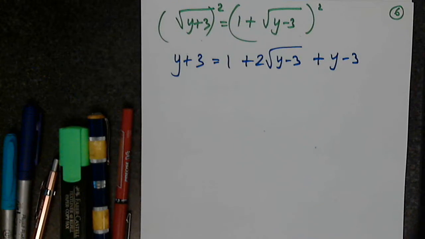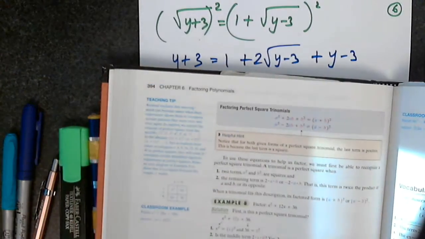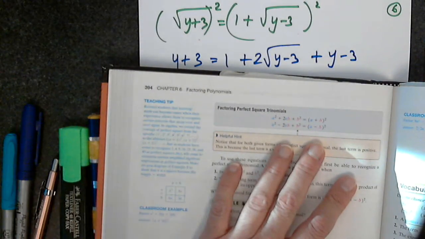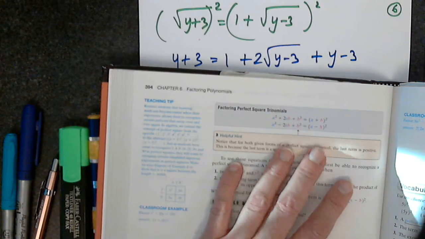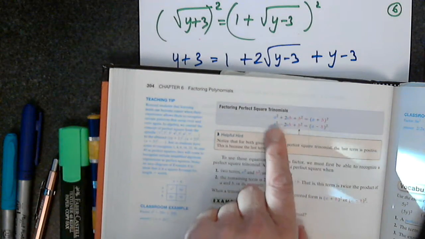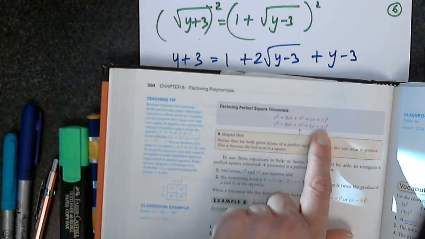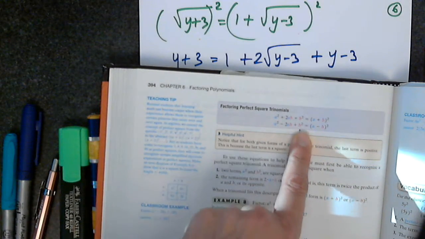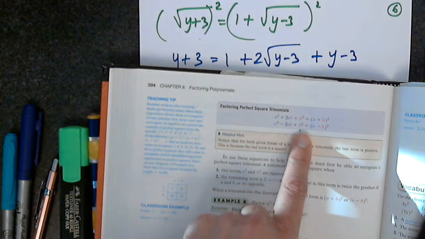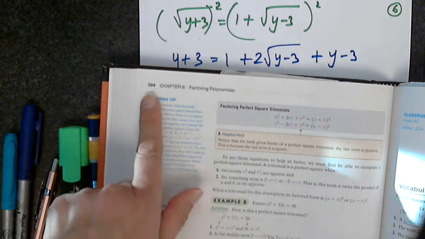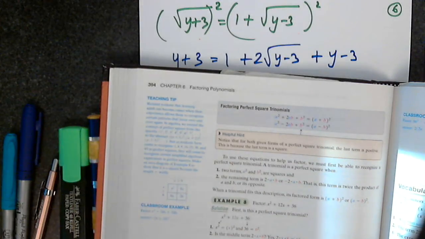Here it is, on page 394: a plus b everything squared is a squared plus 2ab plus b squared, and a minus b squared is a squared minus 2ab plus b squared. These are perfect square trinomials. Page 394 in chapter 6.